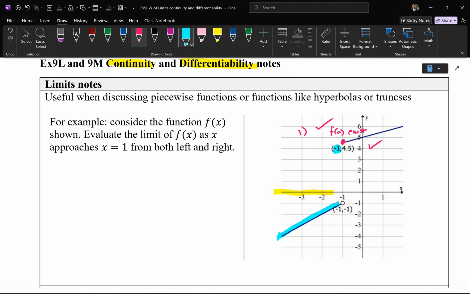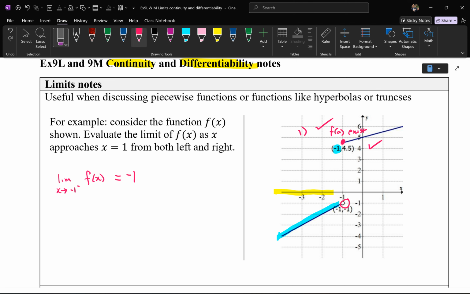So how you would write it is you'd say limit of x approach -1 for the function, so f of x, okay? But in this case, I'm approaching -1 from the left-hand side, so I'm going to put a negative just on that side. So say I'm approaching from the left. What does it tend to? Well, it's tending towards -1 based on the graph. I can see that the y value is tending towards -1.